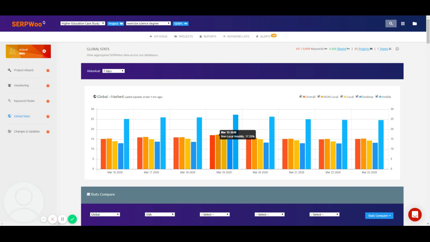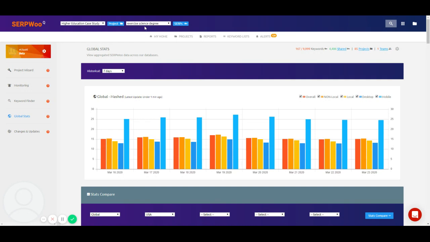So this has to be something that you're already related to, interested in and expert in, and this is what's going to help you. I have a lot of higher education clients. I do a lot of work in that industry, so I've got projects and keywords already set up that have a lot of data in them. So let's go ahead and look at exercise science degree. I've got that set up right here in the drop down already for my project.